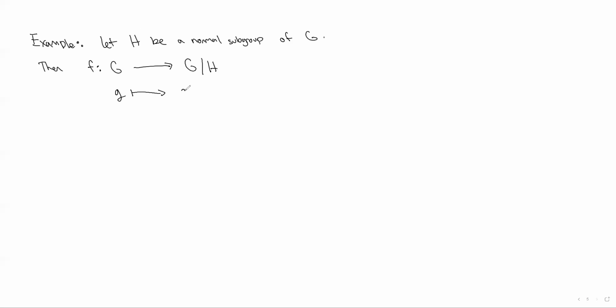What I mean by universal example is every homomorphism is essentially this homomorphism, in a sense. So let H be a normal subgroup of G, then F from G to G mod H, which takes little g in G to the coset gH, is a homomorphism.